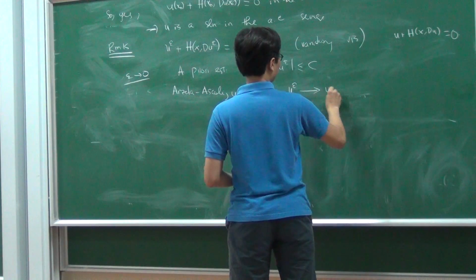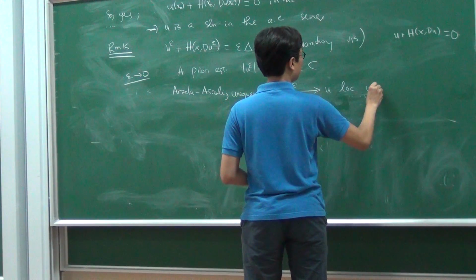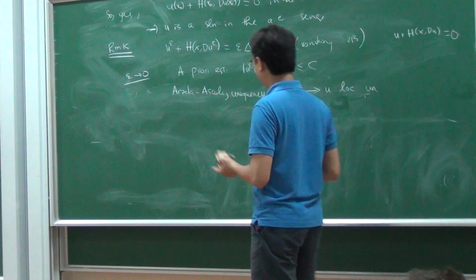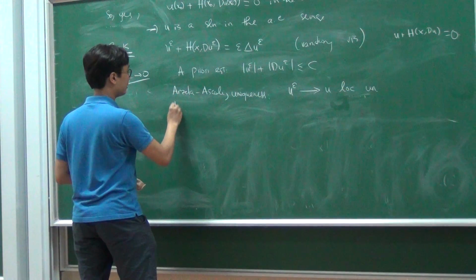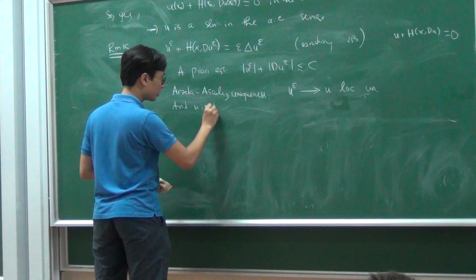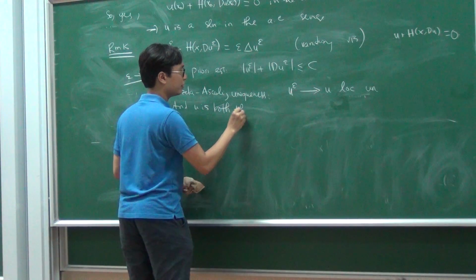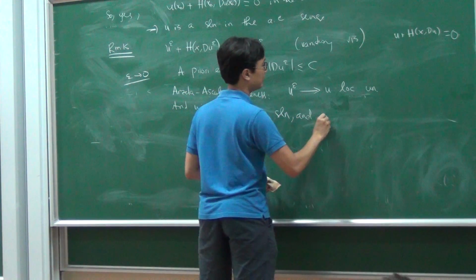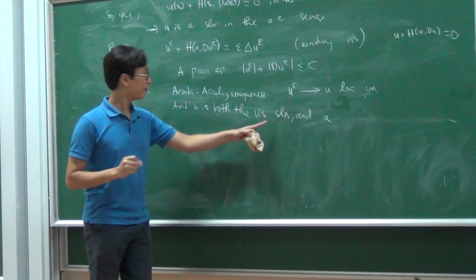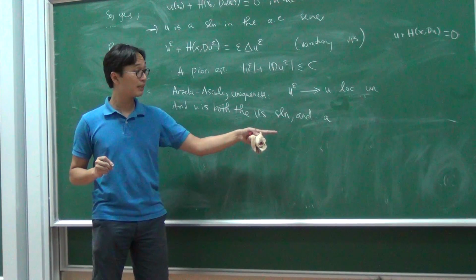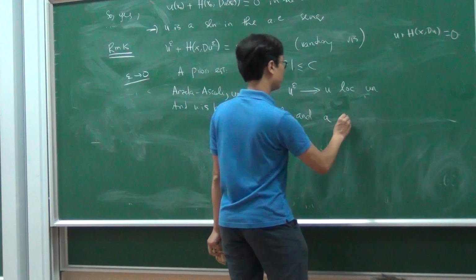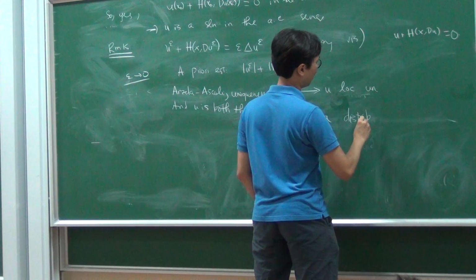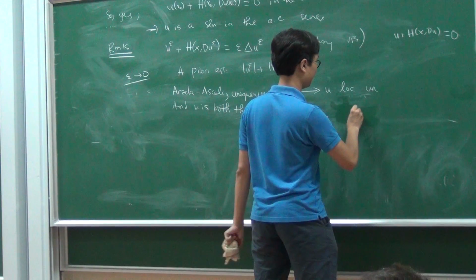You have some convergence of u locally, and informally we also have that u is both a viscosity solution, and you see I'm being careful, the viscosity solution means it's unique, and a solution almost everywhere. I'm going to be careful.